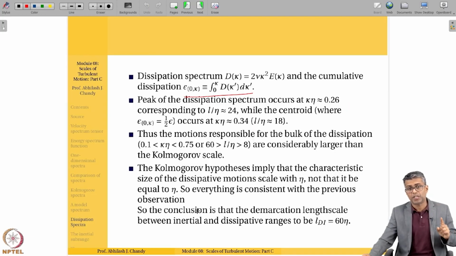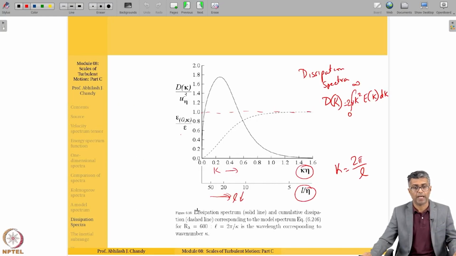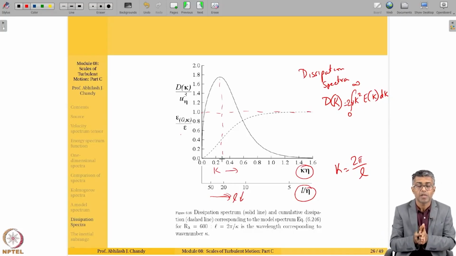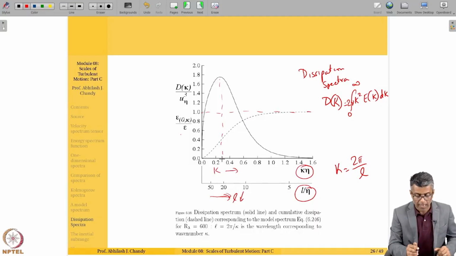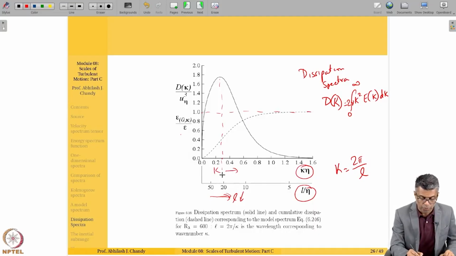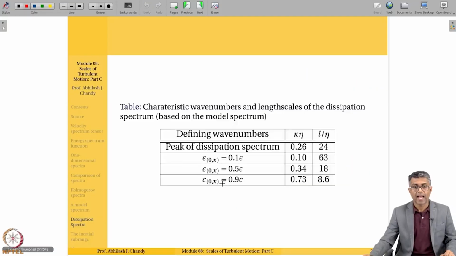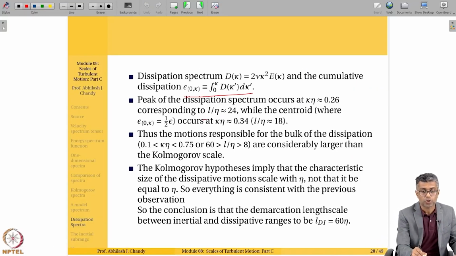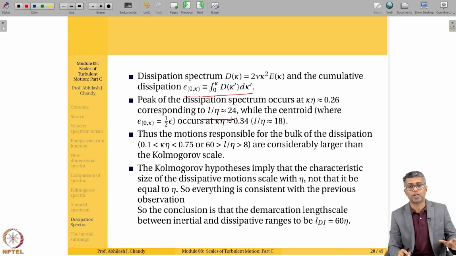The peak of the dissipation spectrum occurs at kappa eta equals 0.26. What do I mean by that? The peak of the dissipation spectrum, that means dissipation is maximum, is at kappa eta equals 0.26, which corresponds to L over eta approximately equal to 24, right?